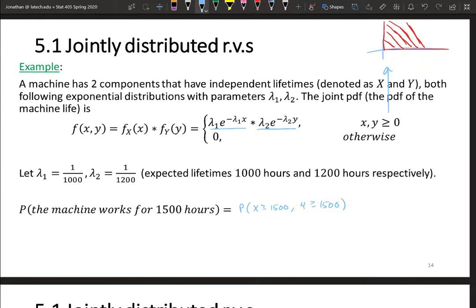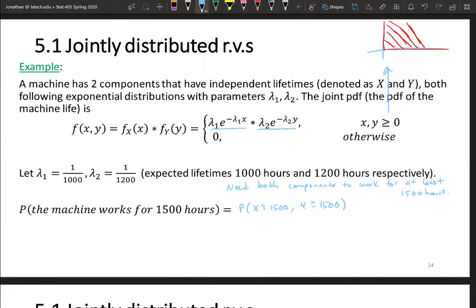So we need both components to work for at least 1,500 hours. So that's what this x greater or equal to 1,500, y greater or equal to 1,500 represents.